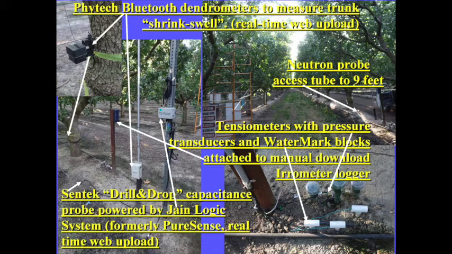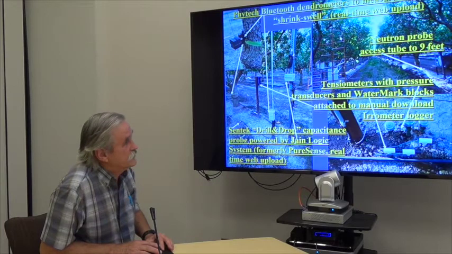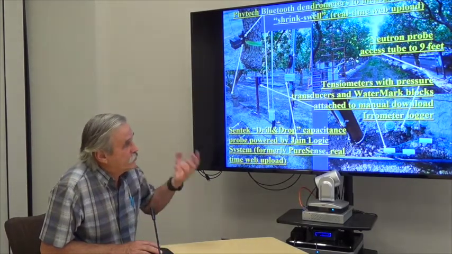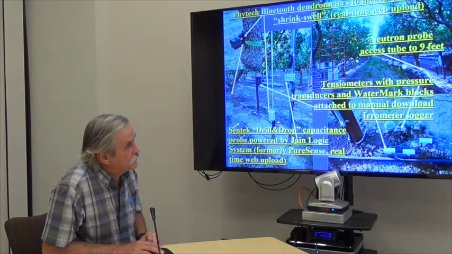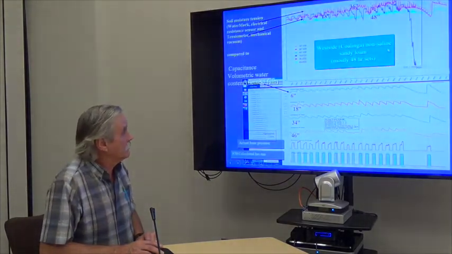But we're trying to give you a comparison of the tensiometers, watermarks, Sentek drill and drop, capacitance probe, the Phytech dendrometers, and this eddy covariance energy flux tower, which is measuring the water vapor directly leaving that orchard. And then we've got neutron probe access tube to 9 feet. So I'm actually generating numbers down to 9 feet.